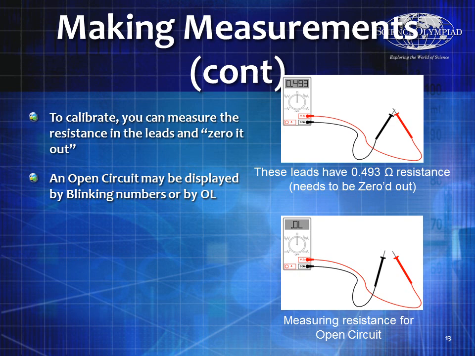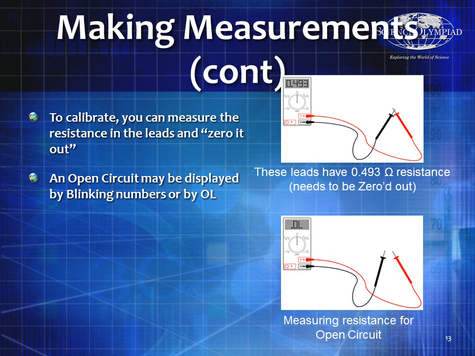Now, one of the first things you're going to want to do most of the time is calibrate your multimeter. So what you do is that you set it up to measure a resistance, and then you touch the two tips of the leads together. Now, if in this case I get a half a ohm or 0.493 ohms, that means that that's how much resistance I have in the entire circuit.